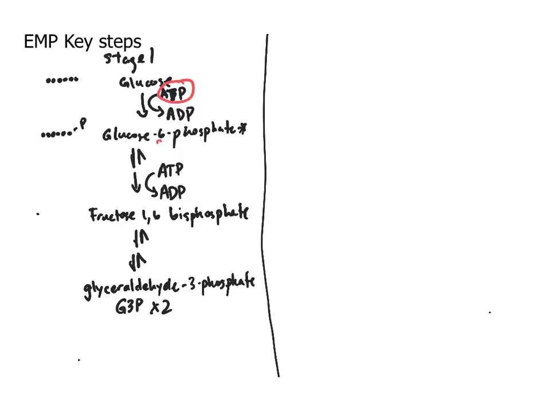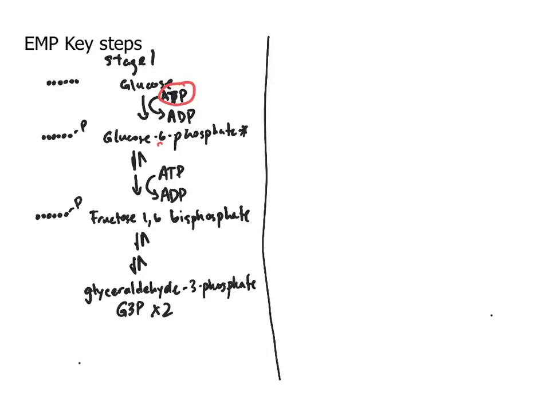And then at the other stage where you are going to use the ATP, you're going to add the phosphate to the 1 carbon. So again, you're going to use one more ATP here to add the phosphate groups.